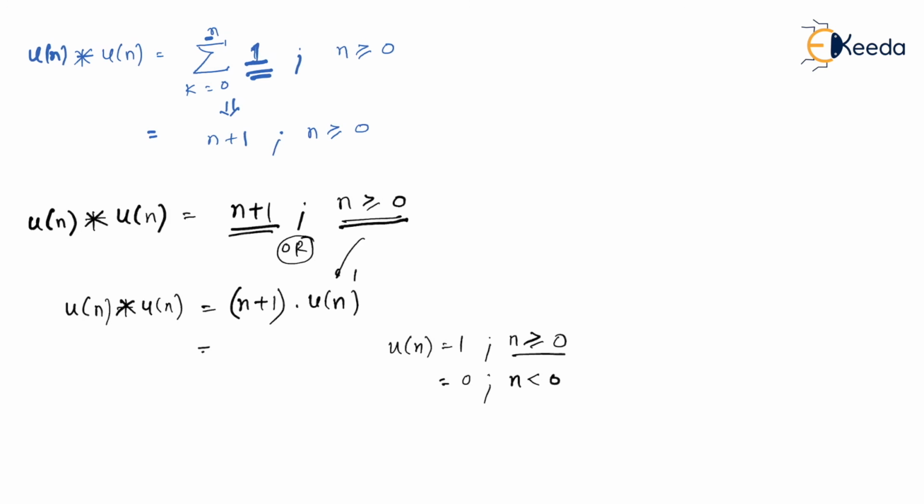In fact, now you can just open this bracket and you can rewrite this as n into u of n plus u of n. This is u of n convolved with u of n result. When u of t gets convolved with u of t, it is nothing but r of t.